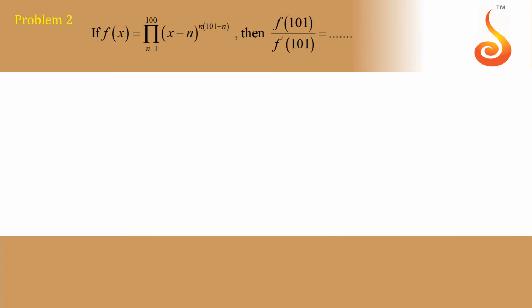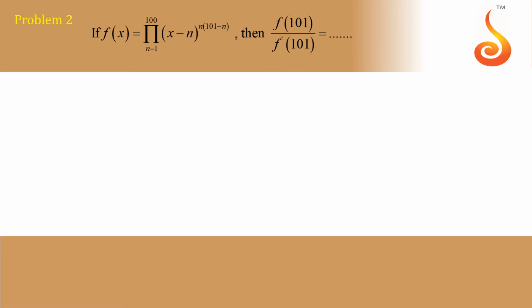Next problem. If f(x) = ∏ from n = 1 to 100 of (x − n)^(n(101 − n)), then I want f(101)/f'(101).